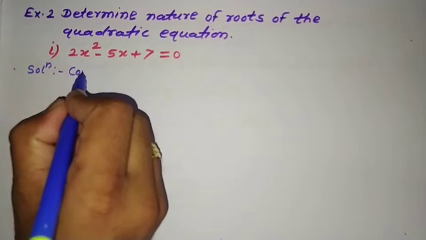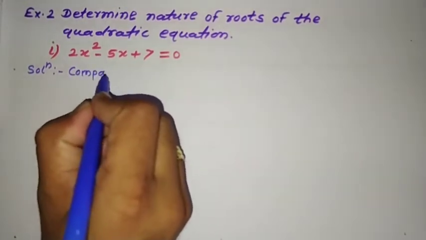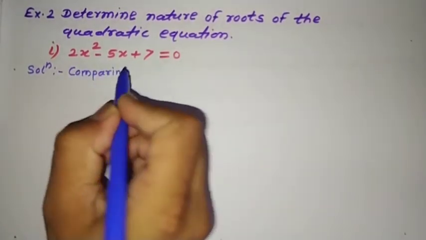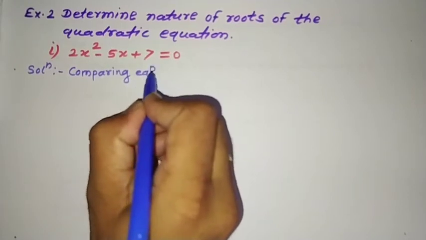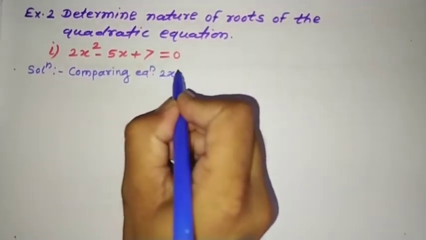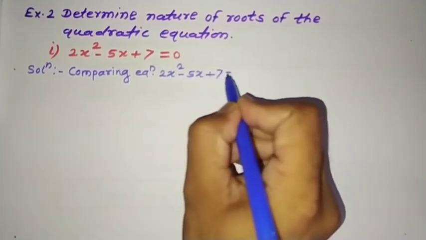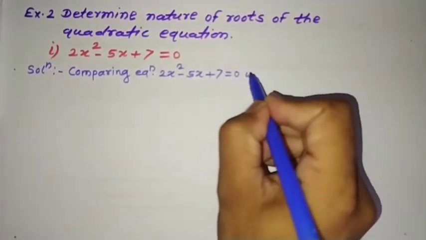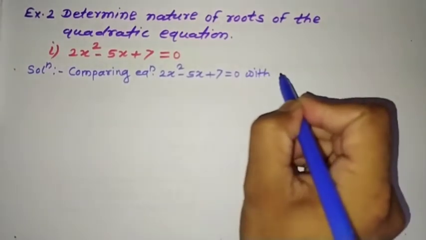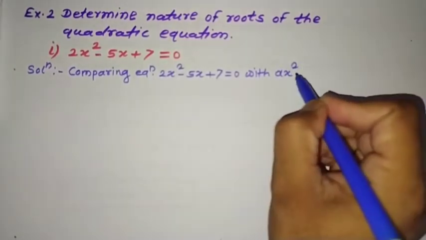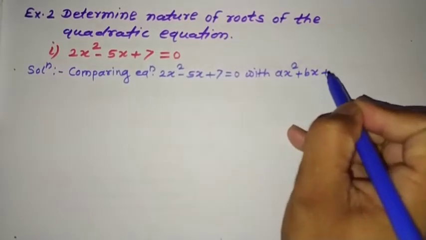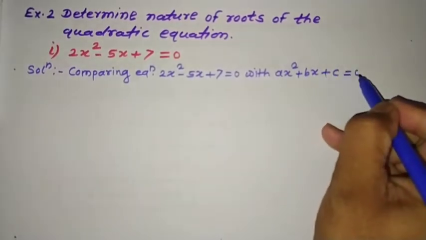Comparing equation 2x square minus 5x plus 7 is equal to 0 with ax square plus bx plus c is equal to 0.